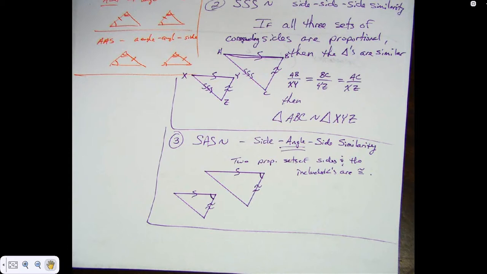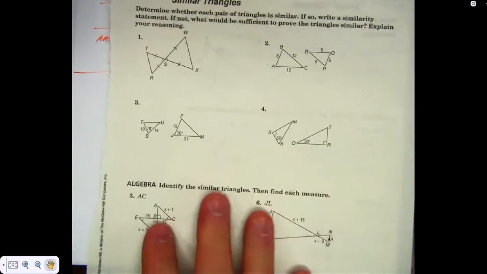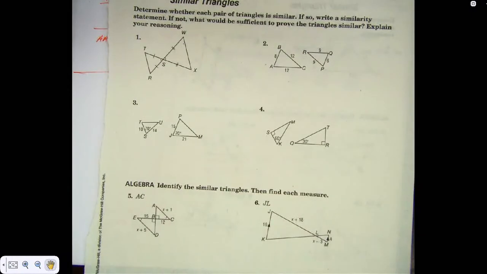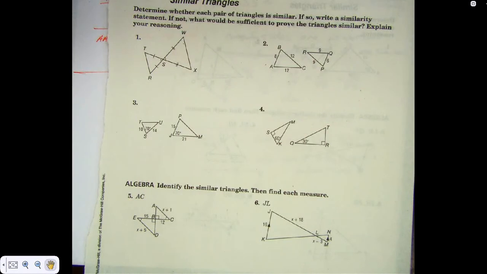So now let's apply these facts, apply these concepts. We're going to start on page 87 with number 1. So you can start looking over those directions while some of you are writing it down.